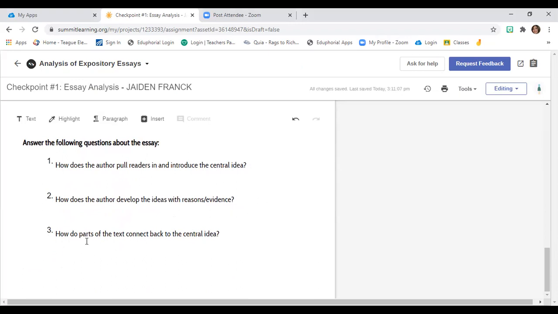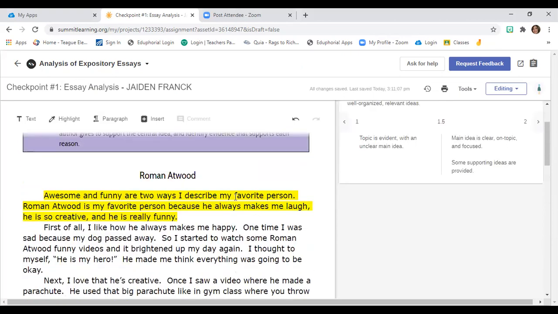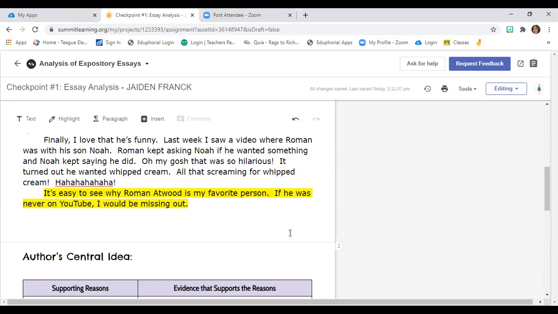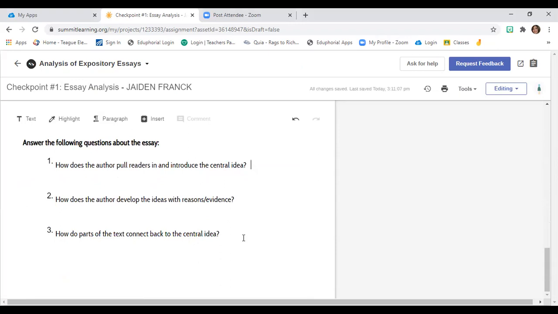And last, how do parts of the text connect back to the central idea? What does it mean by parts of the text? Parts of the text, boys and girls, means reasons, details, examples, all of those 3 things. How do they connect back to the central idea? How do they support the central idea? That's how you're going to answer.